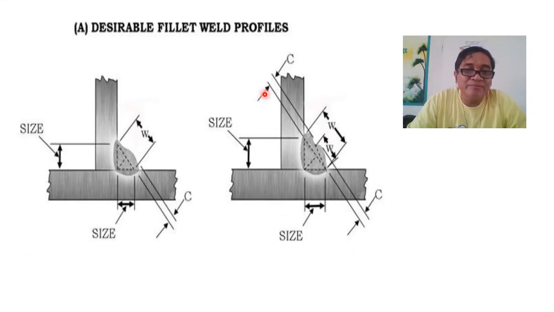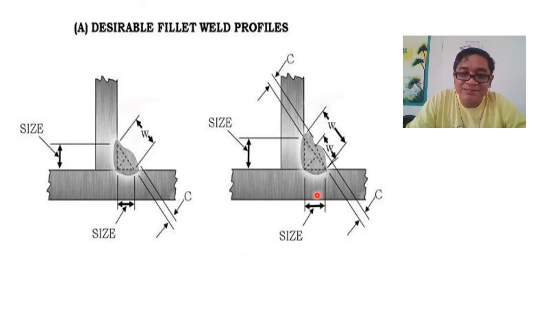So here you have the desirable fillet weld profiles continuation. Again, you have the convexity C and the width. So you notice there is a little bit, not totally undercut, but it's almost undercut, but still it's acceptable.